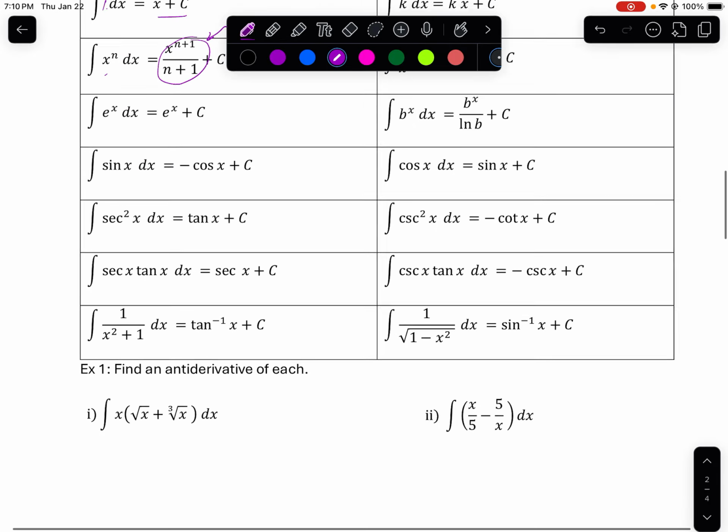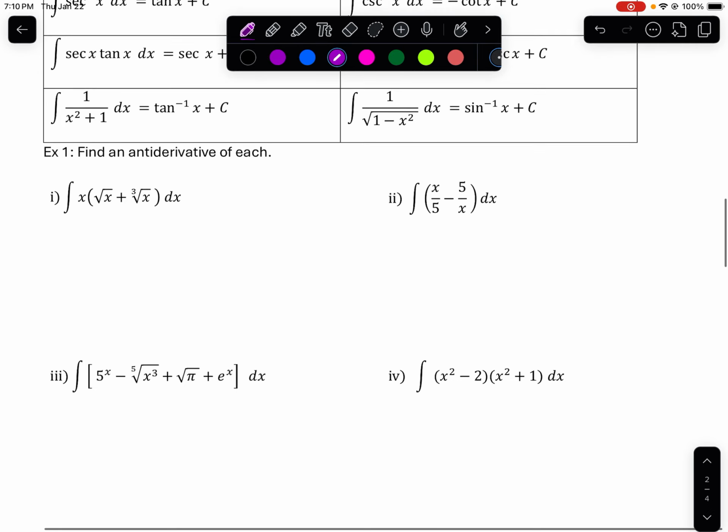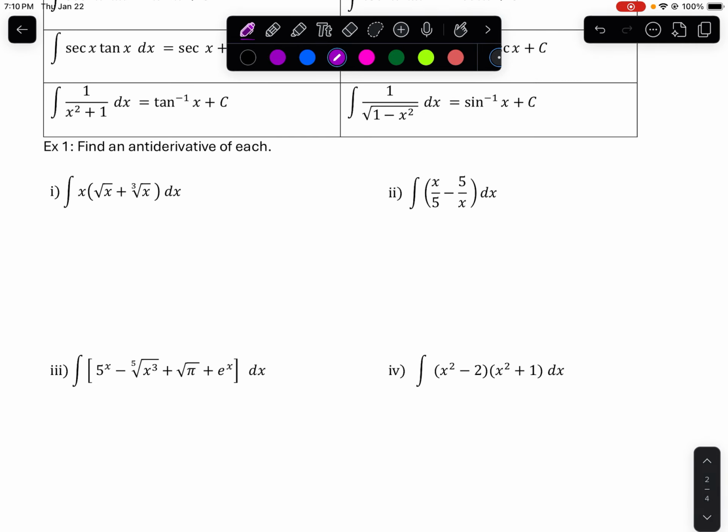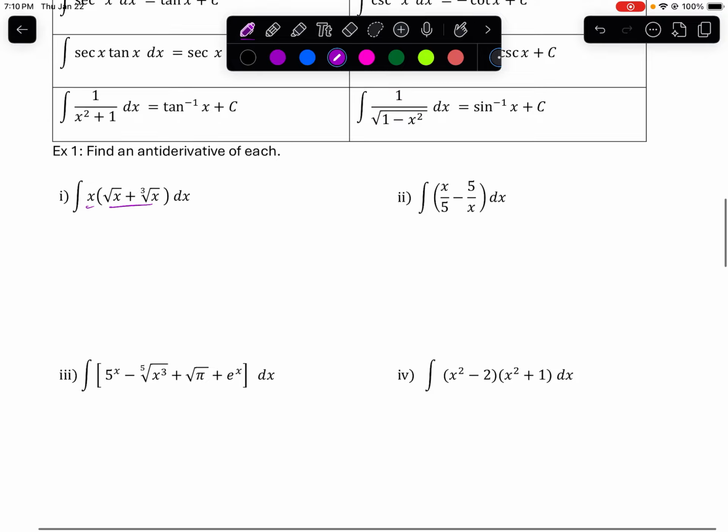Okay, so let's look at the examples. It says find the antiderivative of each. When you get something like this, you can think of it as a product of two functions. If you have a product, you cannot integrate it in this form. The first thing you have to check is the integrand.